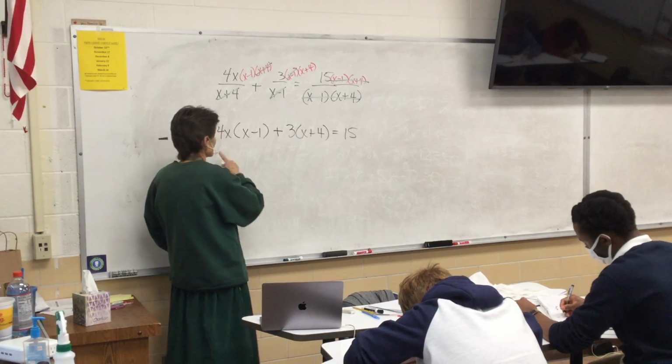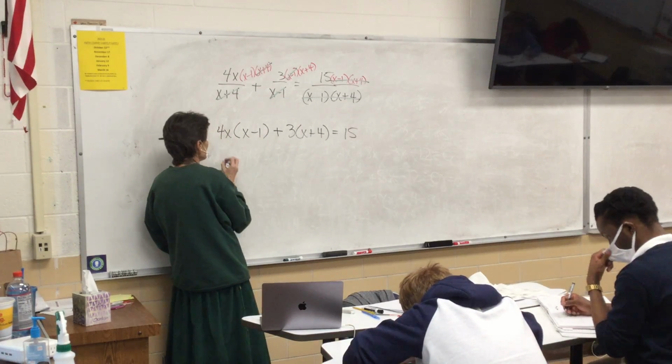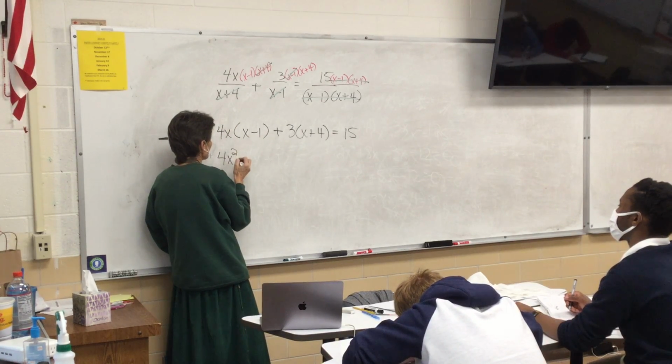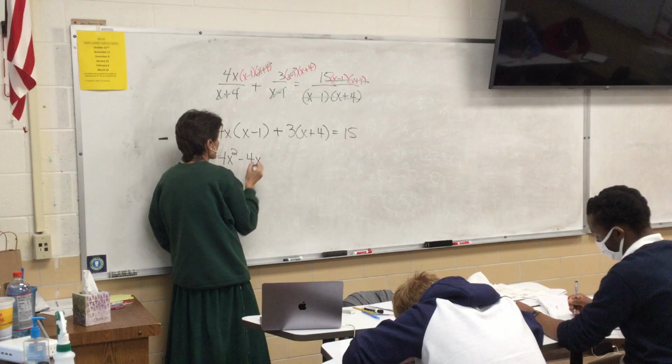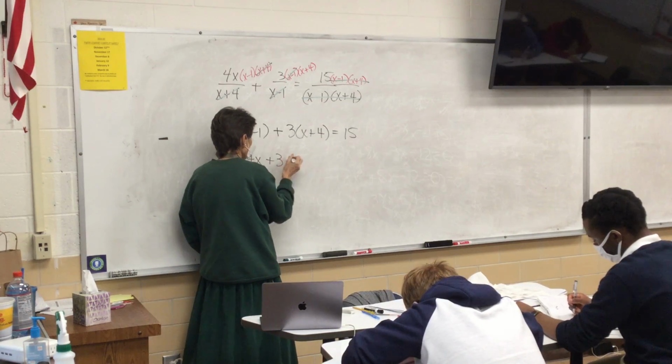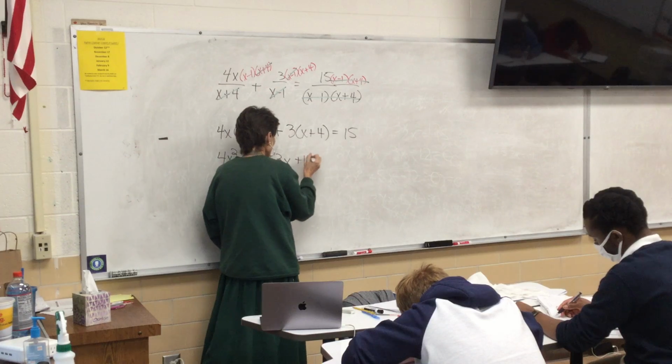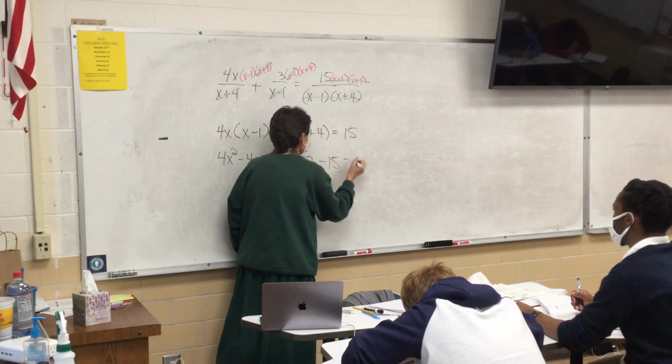So yeah, I'm gonna use my distributive and subtract the 15, so 4x squared minus 4x plus 3x plus 12 minus 15 equals 0.